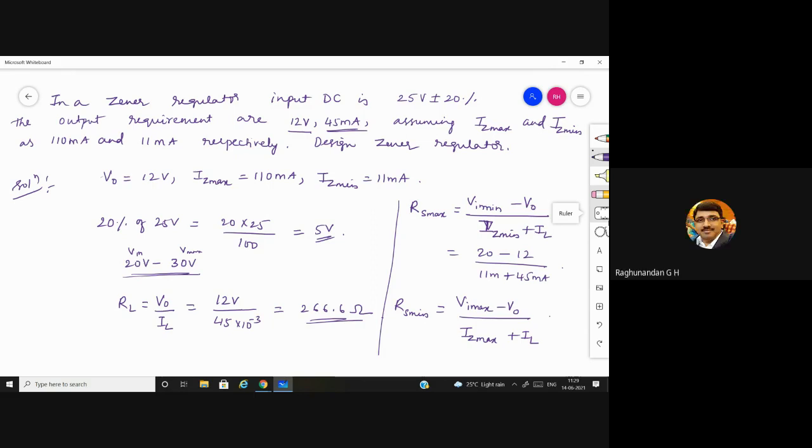Okay, good. Since the requirement is 12 volt, a Zener diode having a breakdown voltage of 12 volt is used here. We have to choose a Zener diode which is having 12 volts as its breakdown voltage.